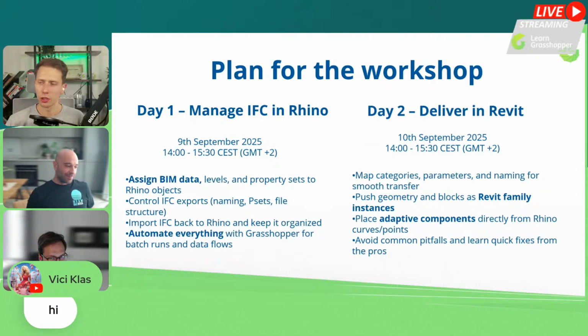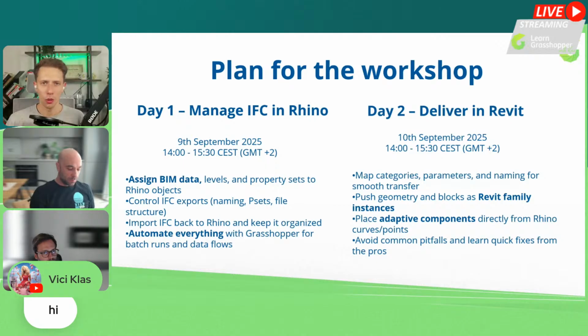As the plan for the workshop, we tried to present all the work that the guys are doing in one webinar, but I found it was lots of knowledge packed into one webinar. That's why we try to divide it. So on the first day, today, we are going to talk more about managing IFC, assigning the data to BIM, and automating everything, how we can automate it with Grasshopper.